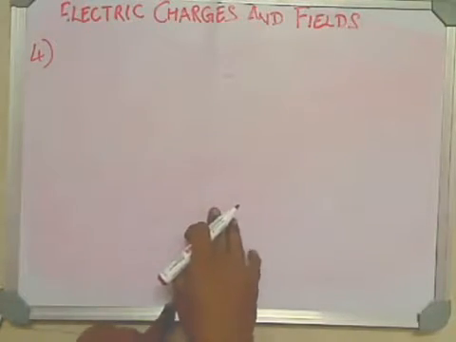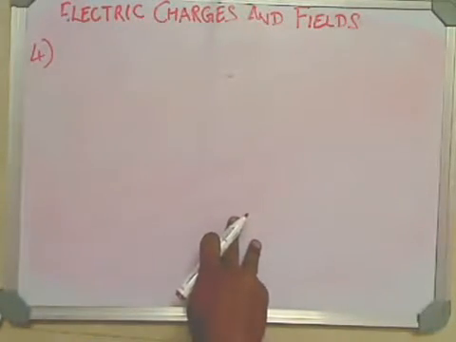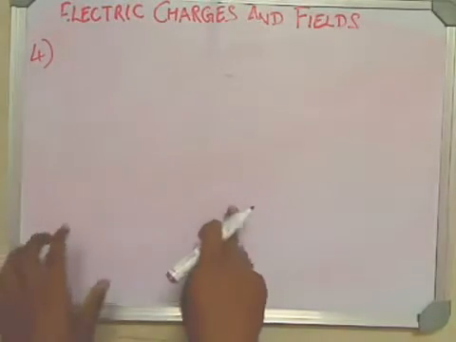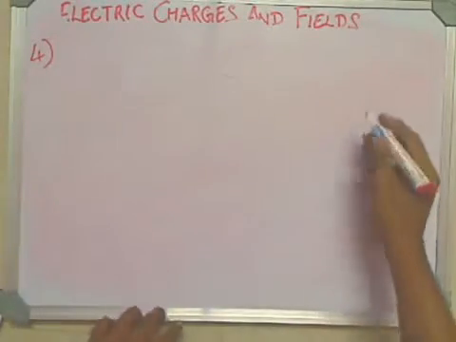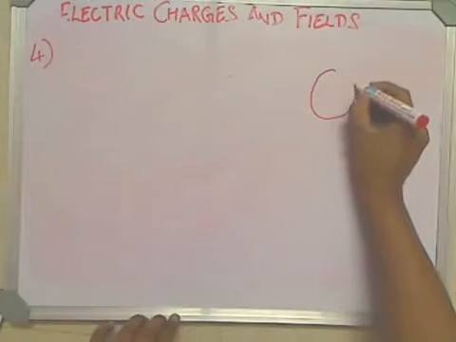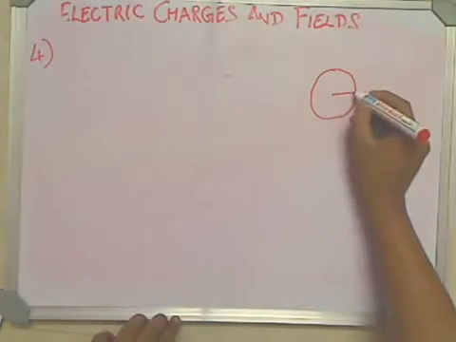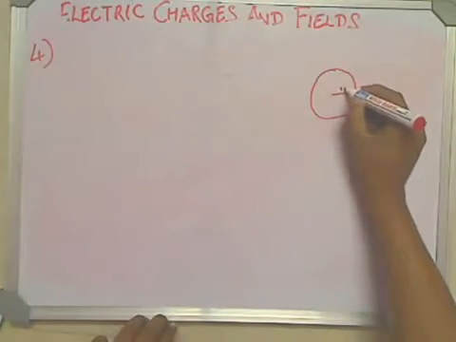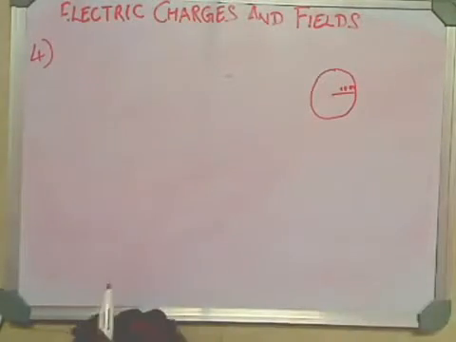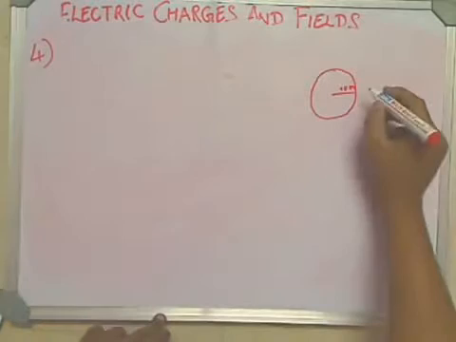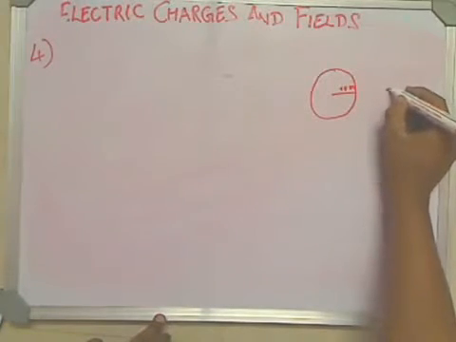Now, when you want to consider the data here, again I'll read it out. There is a sphere of radius 10 centimeters. From the point to the center, the radius here is 10 centimeters. The electric field is 20 centimeters from the center. That is, the electric field is somewhere here.